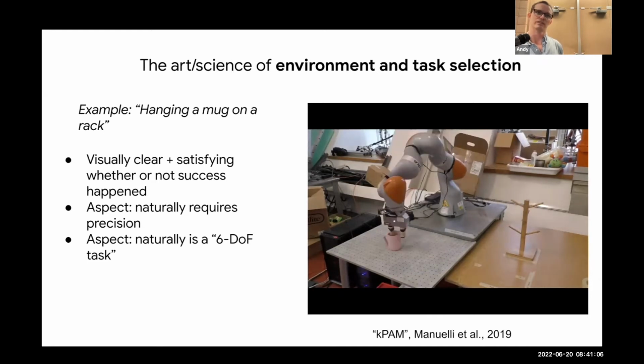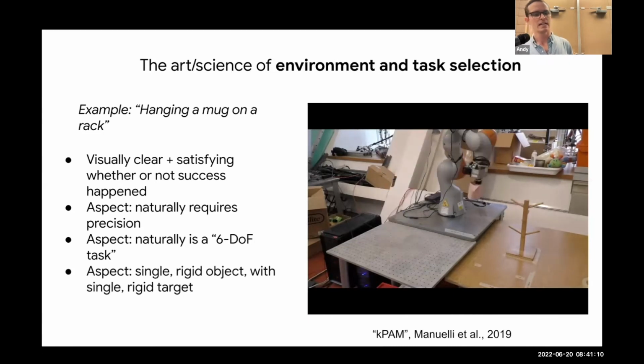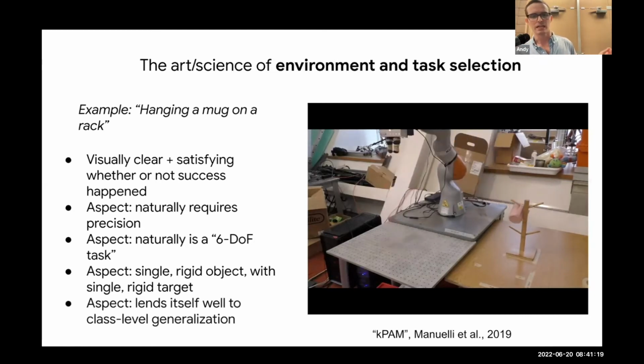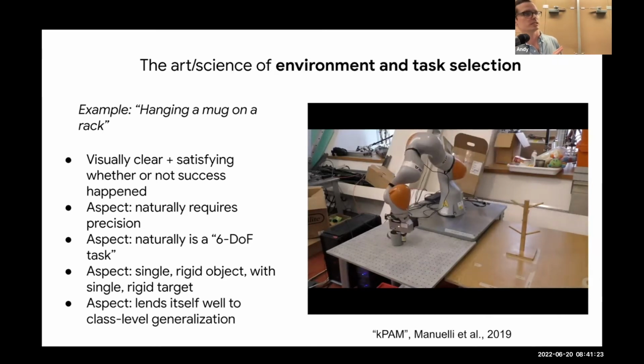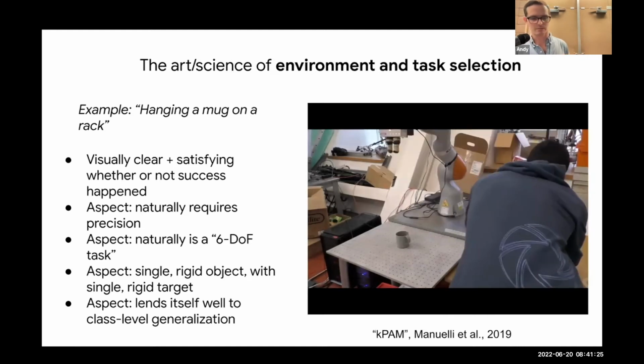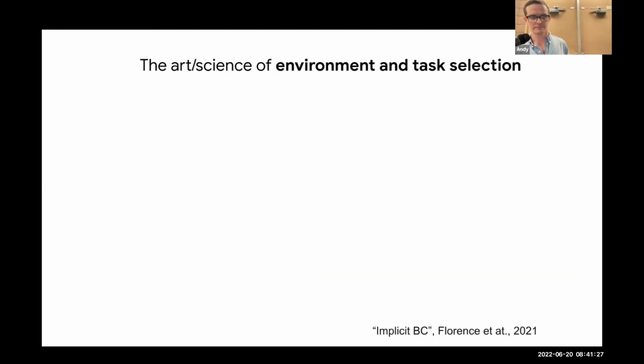This one is full 6 degree of freedom in its nature, so that's nice if you care about that. It is a single rigid object with a single rigid target, just to call that out. Maybe you care about deformable objects or liquids or other things like that. And another thing I like is that it lends itself very well to class level generalization, so if you're interested in studying that topic, it's a good setup for that.